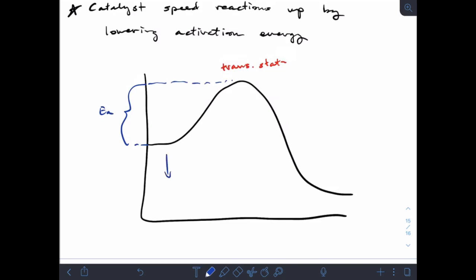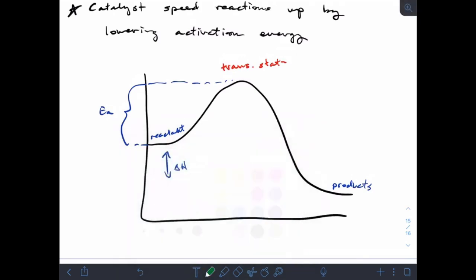And we have our delta H, okay? With these being the reactants and products. All right, so just based on the shape of this graph, we can tell that it's an exothermic reaction because our products have less energy. Great. So this is what this looks like without a catalyst.